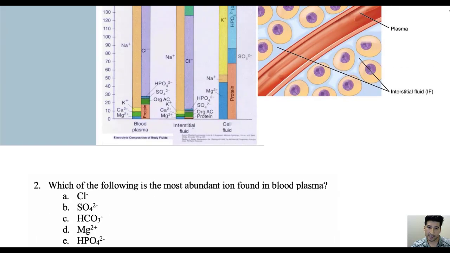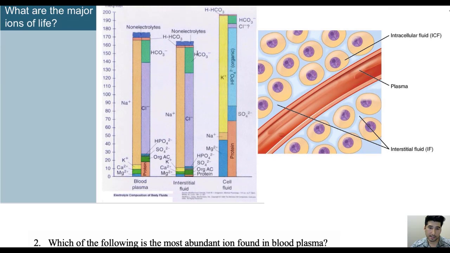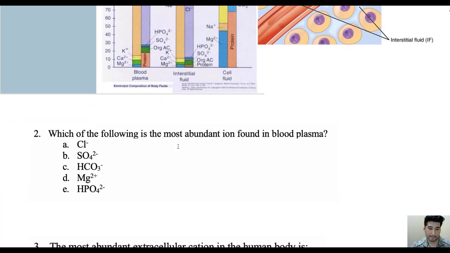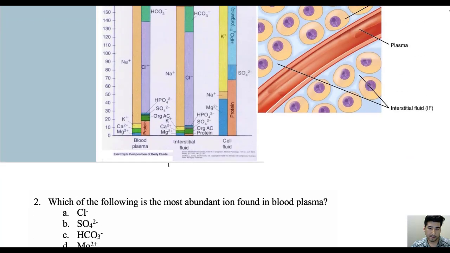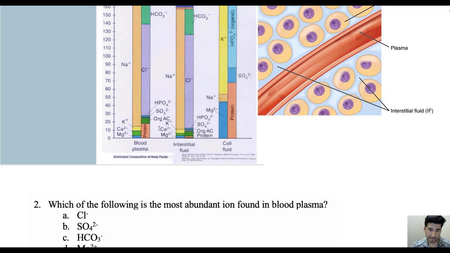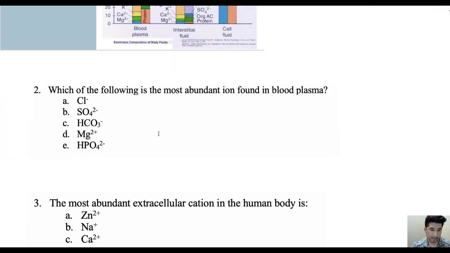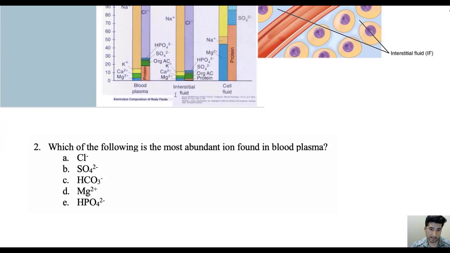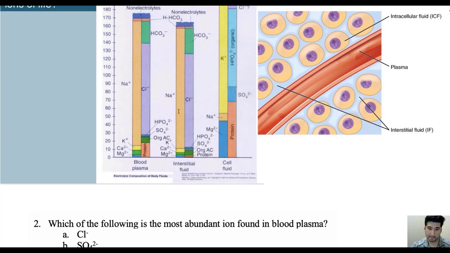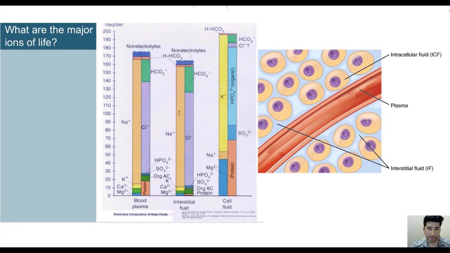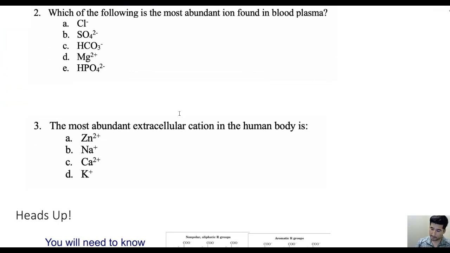So we want to look at this chart right here. And what is the most abundant cation? That would have to be sodium. Yes. So let's see, where's calcium? That's low right there. And then there's also potassium, and that's also low, and so is magnesium. So the answer for number 3 is B.